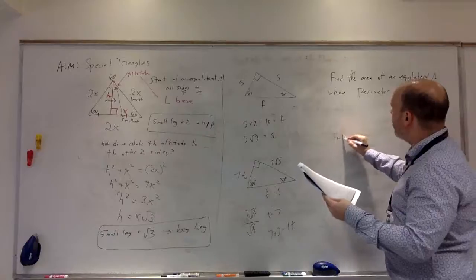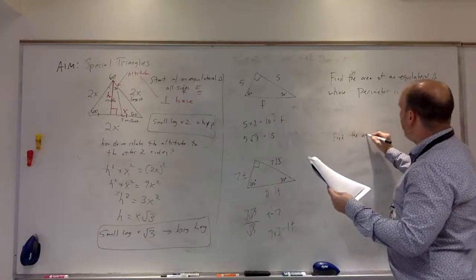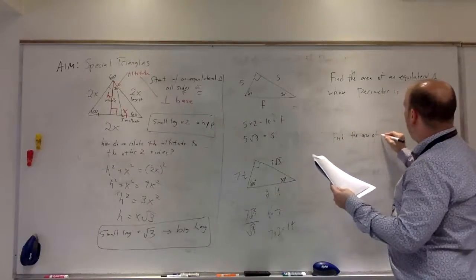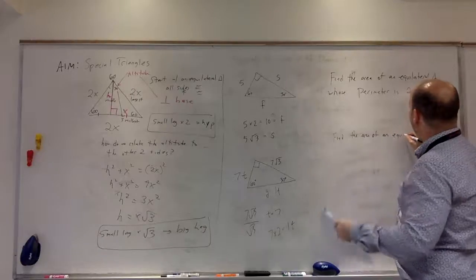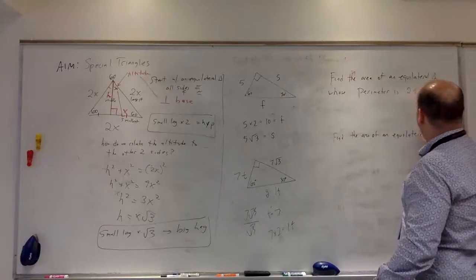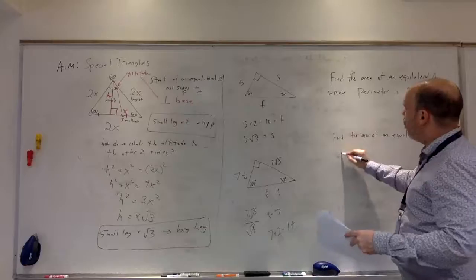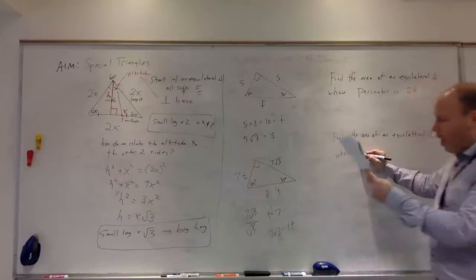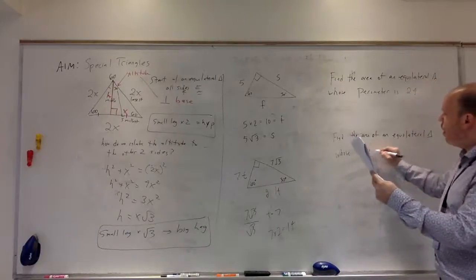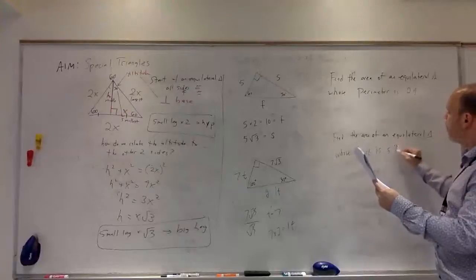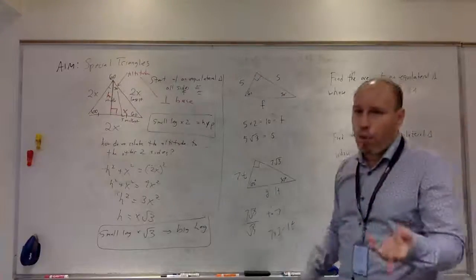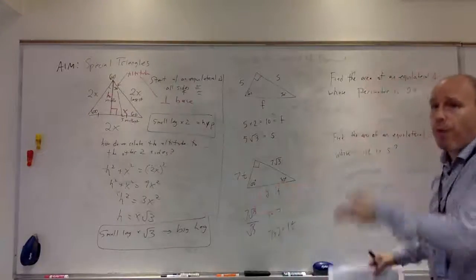And then I want you to generalize: find the area of an equilateral triangle whose side is S. Now at this point you can shut the video off, or I'm just going to do it on the board.